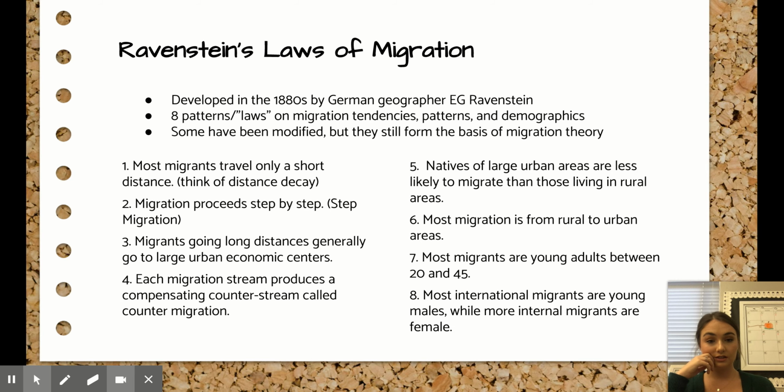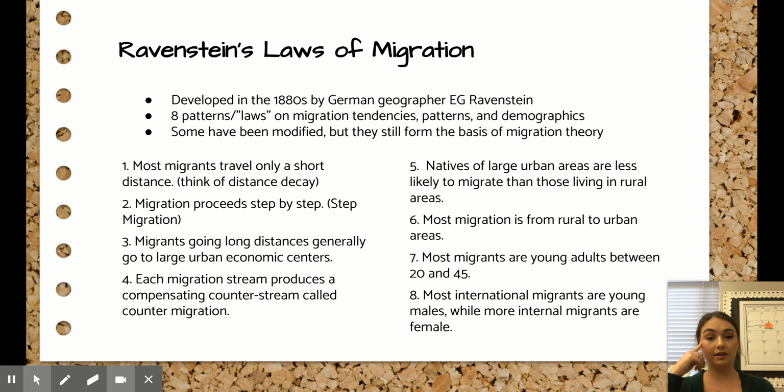Most migration, the sixth law, most migration is rural to urban, which kind of matches law number 3 and 5. More people are moving from rural areas to cities than people are moving from cities to rural areas, for the reasons that we've already discussed.